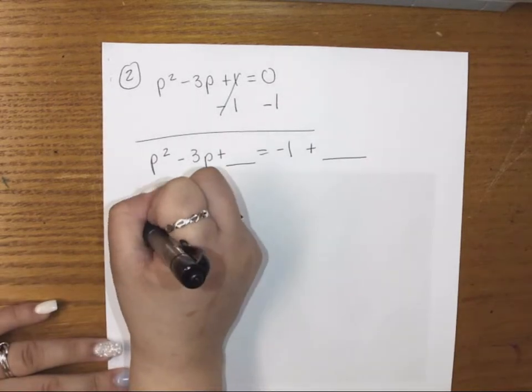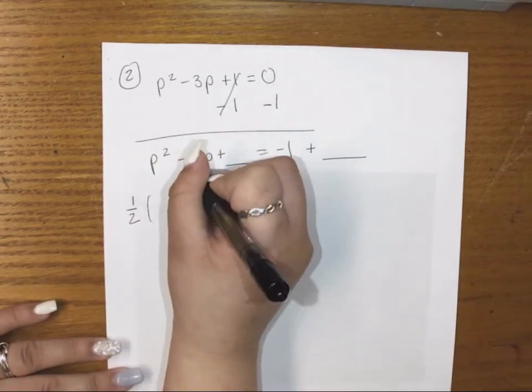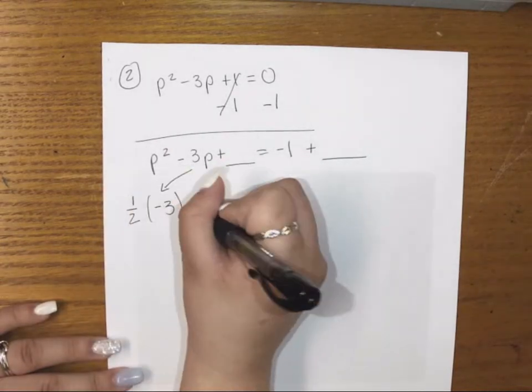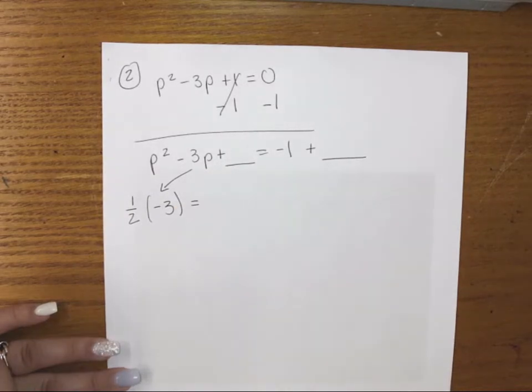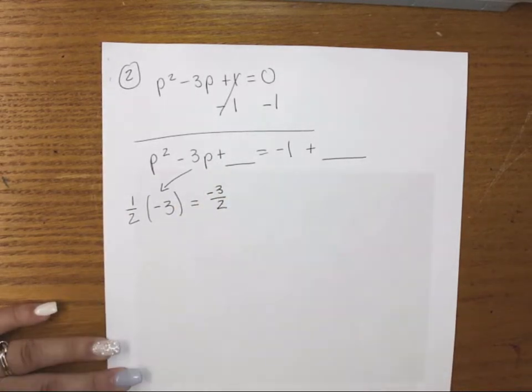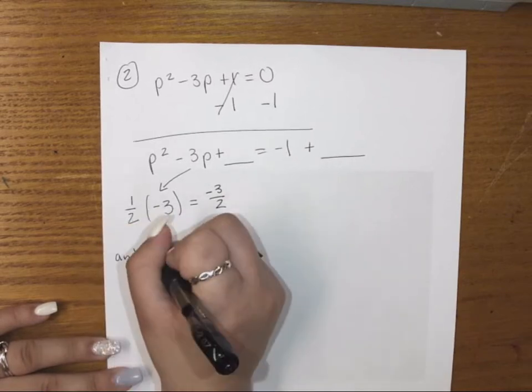We take half of the number in front of p. The number in front of p is -3. Half of -3 is simply -3/2. And we have to square it.